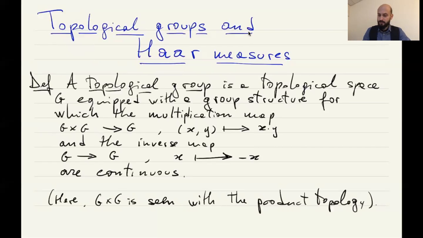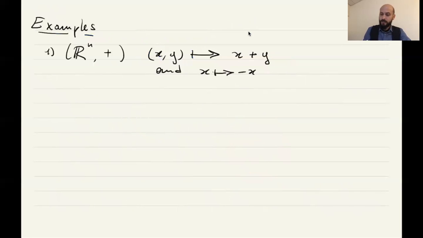Of course, here I made a mistake earlier, writing x minus 1; when the group is abelian, we call the inverse minus x. So these maps, of course, are continuous.